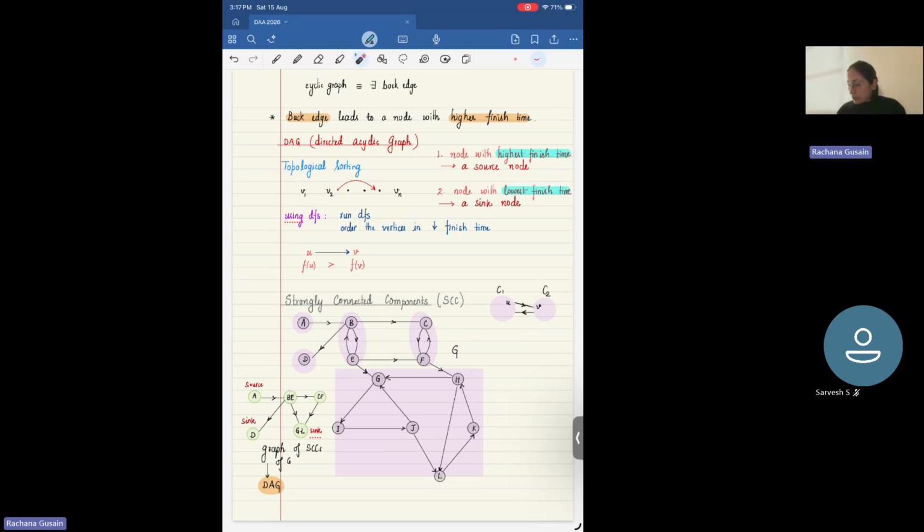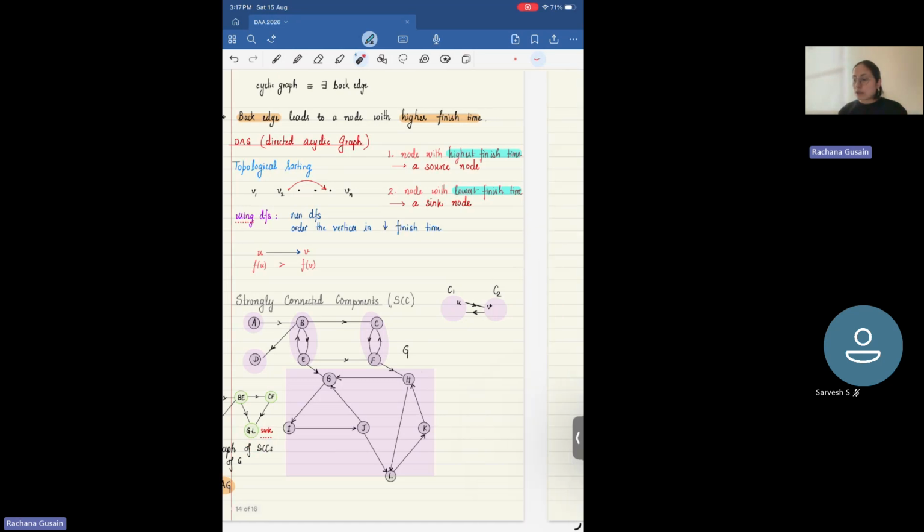One property we had discussed is that if I consider the graph of the strongly connected components of a directed graph, that is going to be a directed acyclic graph. We cannot have a cycle in this graph. Since it is a DAG, it's going to have at least one source node and at least one sink node. So in this example, there is one source and two sinks.